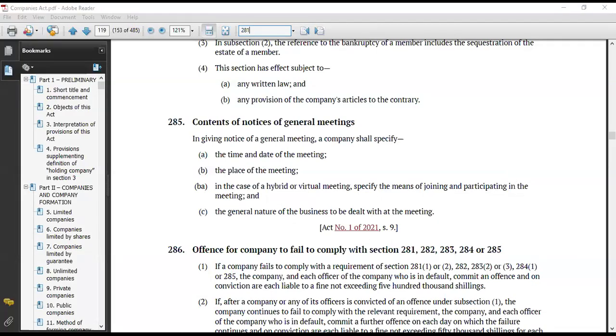So what is the violation here, according to this notice? There's no time. Yes. Wait a minute, let me find the paper. Let me project. Yes, there's no time. There's no date.